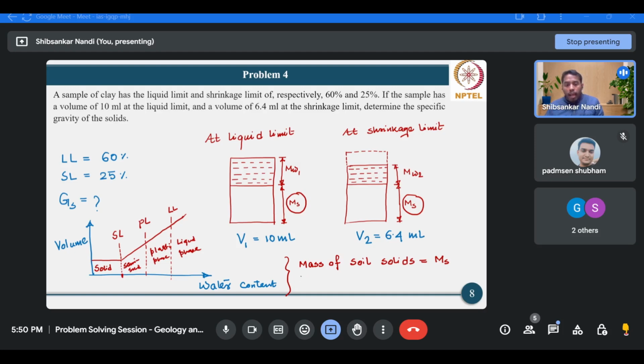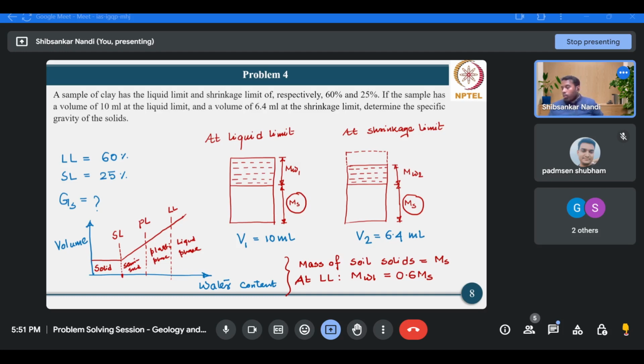At LL, at liquid limit, the mass of water, if we denote it by mw1, will be nothing but 0.6 times ms. Now you may raise the question, how can we write this mw1 as 0.6 times ms?